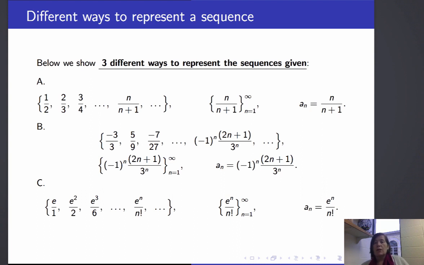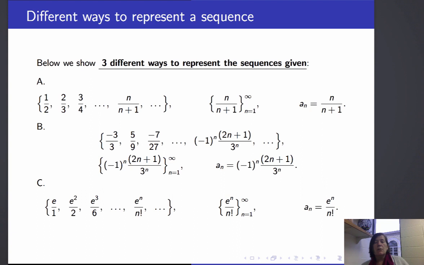This means that we're looking at a list that starts with n equals 1 and runs all the way up through the integers to infinity, and the formula for the nth term is n over n+1. And lastly, we can just give the general formula for the nth term, an equals n over n+1, and then it's assumed that n starts at 1 and runs to infinity.